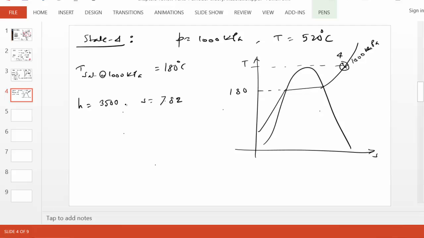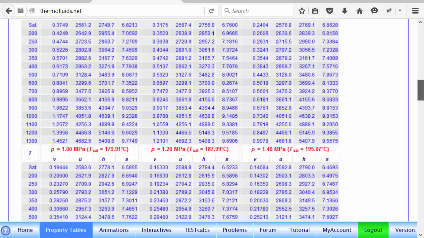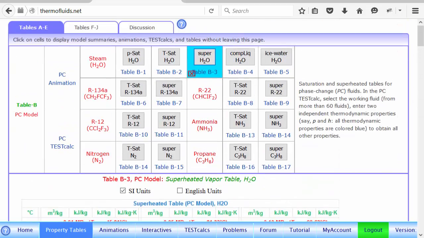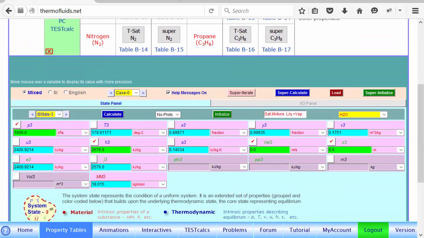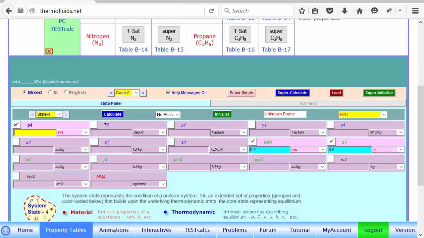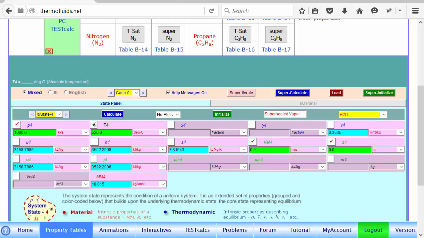If we go to test calc to find the exact values, which are here, we go to state 4, pressure is 1000 kPa and temperature is 520 degrees Celsius, and let's see, 3522 and 7.82 are the exact values.